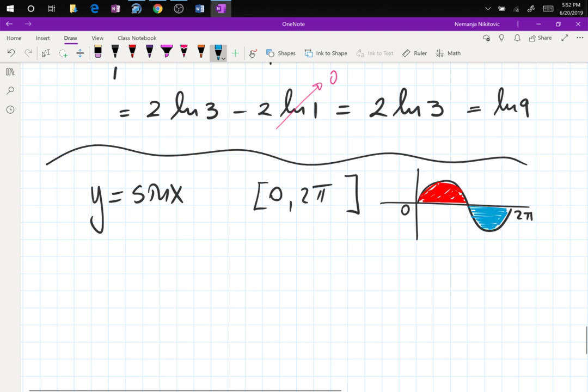Well, what's the issue? You can see that sine x has 2 bumps. One is above, one is below the x-axis, and they're the same size. The bump above the x-axis carries positive area, and the one under the x-axis carries negative area. And when you add them together, what happens? 0, right?